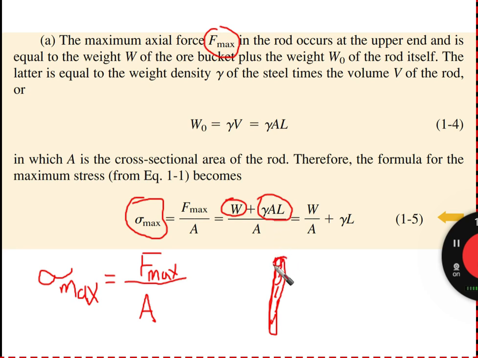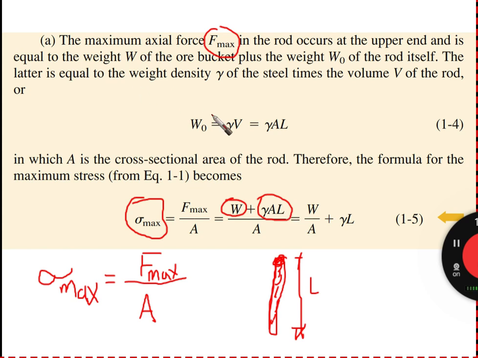It has a cross-sectional area which is A, it has an original length, which is L, and it has a density, gamma. So A times L gives us the volume. The density here is the weight per unit volume. So if we multiply the density gamma times the volume, it gives us the weight.